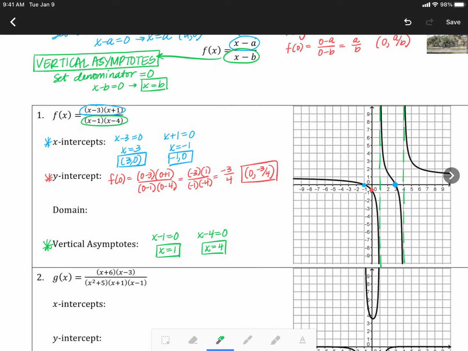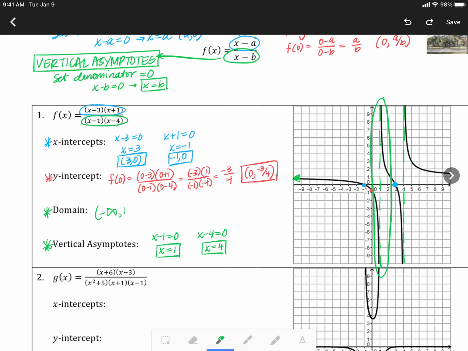So let's finish up this example by doing our domain. Our domain is connected to our vertical asymptotes. If we think about every single number that we could plug into this function, well, this end goes off to negative infinity, but it stops right here at the first asymptote. That first asymptote is at 1.